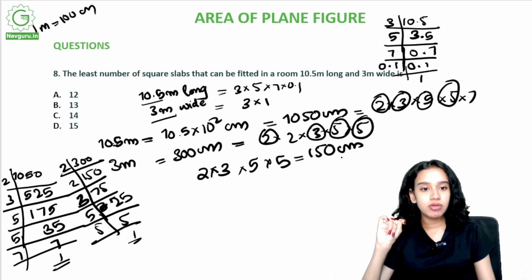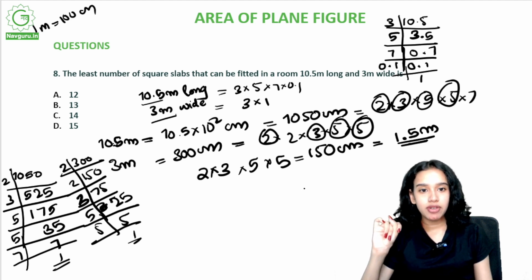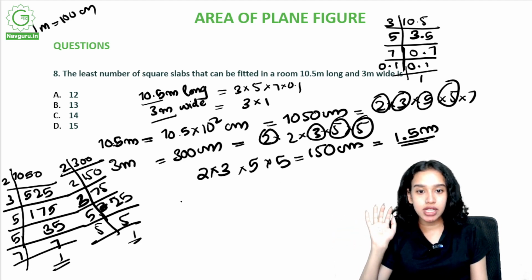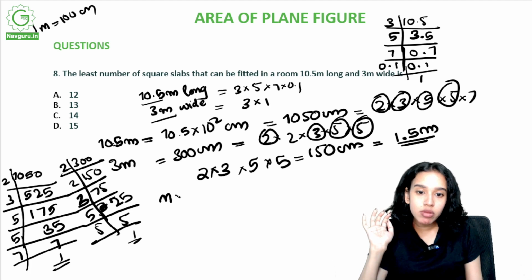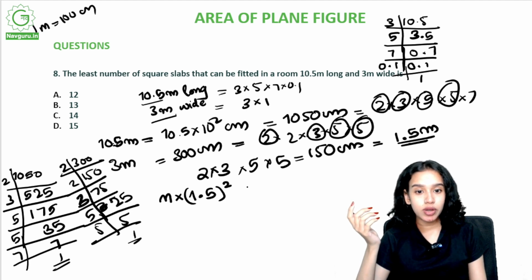Now what is 150 centimeters? 150 centimeters is 1.5 meters, right? So 1.5 meters is the side length of the square slabs. So n number of square slabs with 1.5 square area would cover what area?